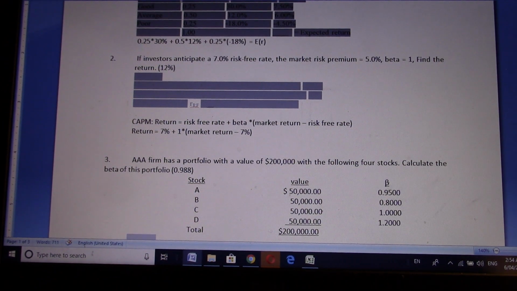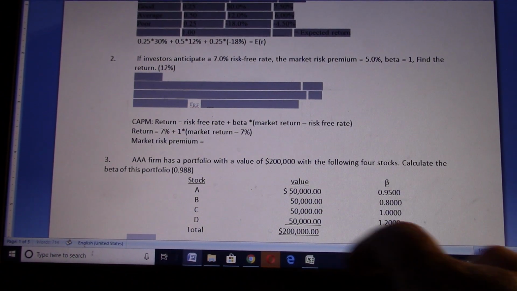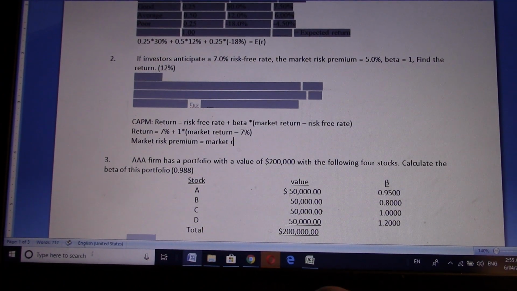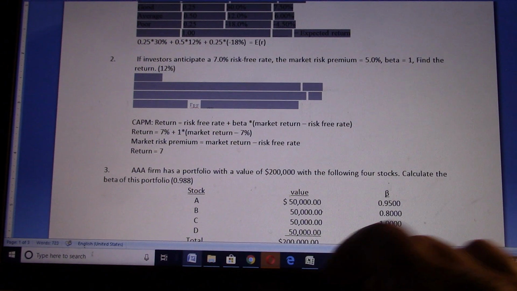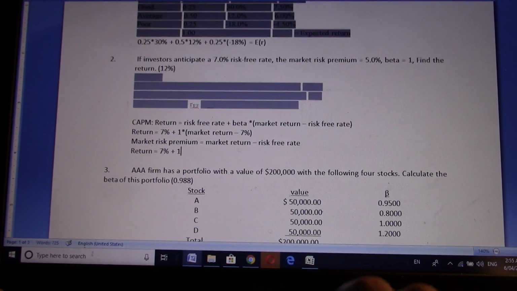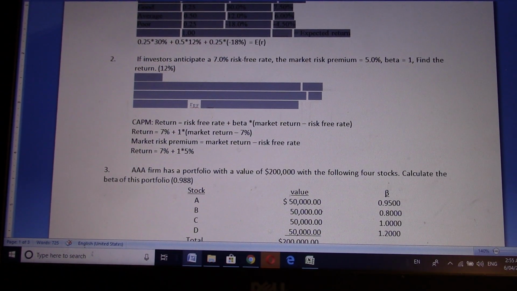What's given is the market risk premium, and the definition of market risk premium is market return minus risk-free rate. So now we can rewrite the question: 7% plus 1 multiplied by 5%, which is given here. So the result should be 12% for this question.